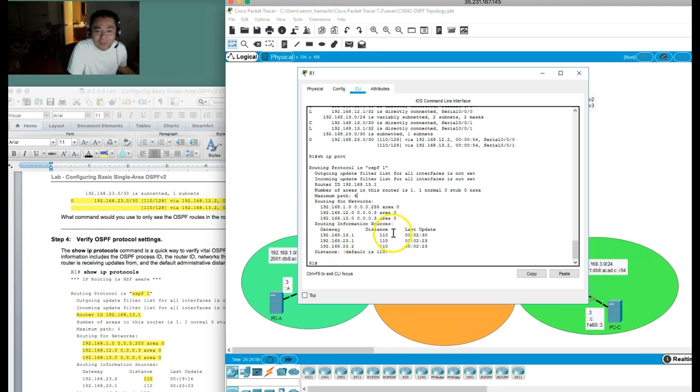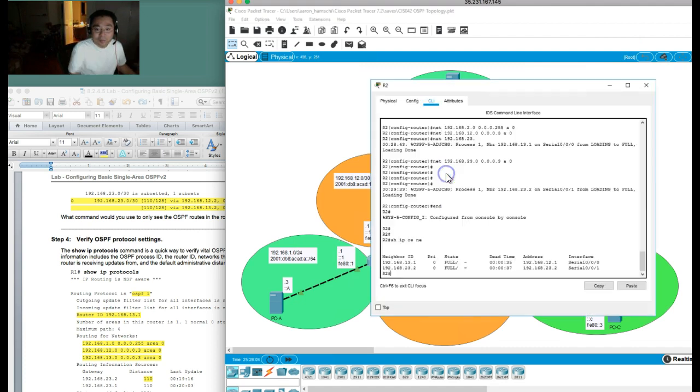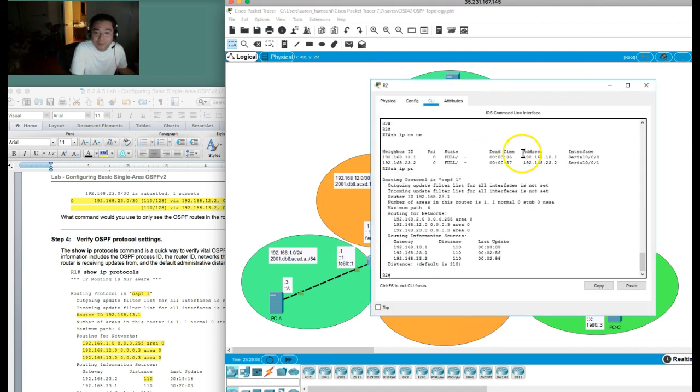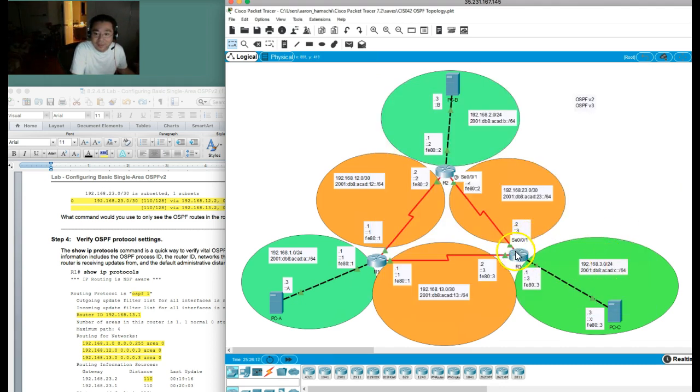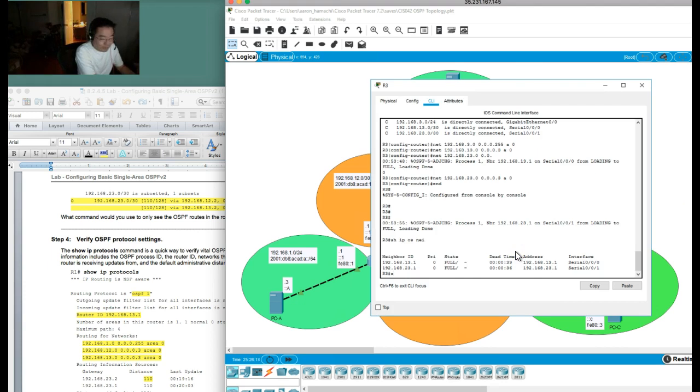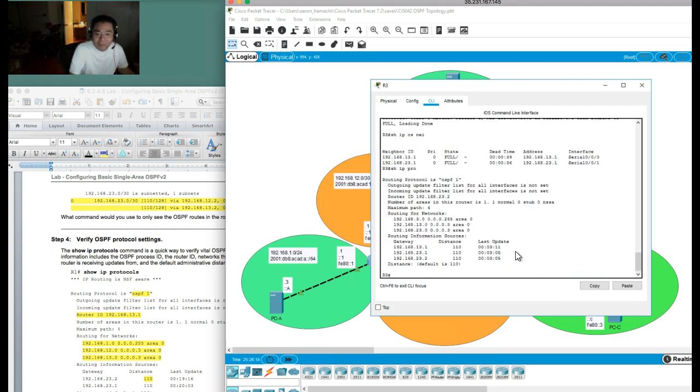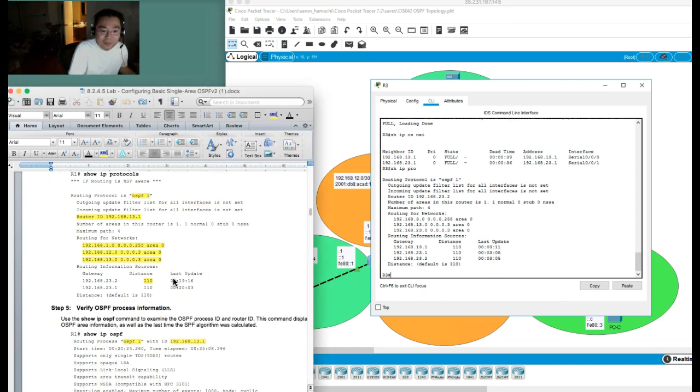So these are the neighbors here, and when the last update was. So same with R2. You can see that, and see show IP protocols here. Okay, so far so good.